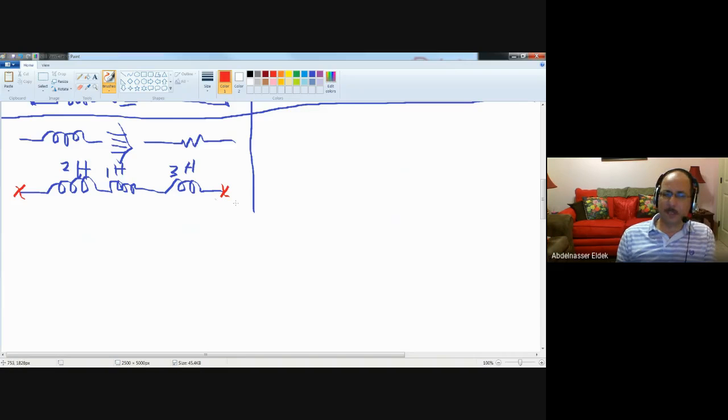For resistors, if this is 2 ohm, 1 ohm, 3 ohm, you just add. For the inductor, also add. So it is 2 plus 1 plus 3, which will be 6. Very easy.